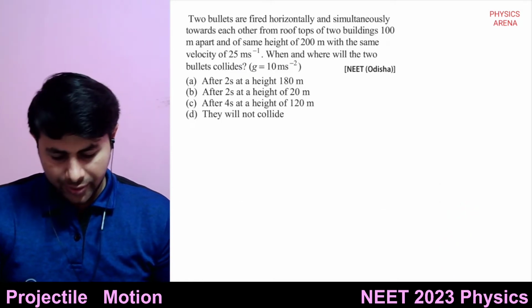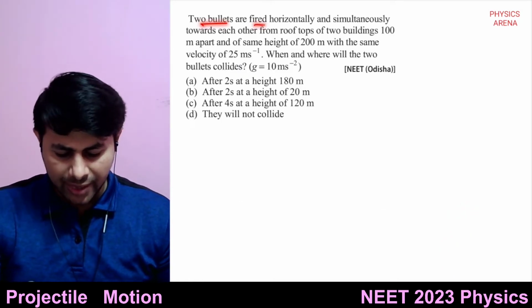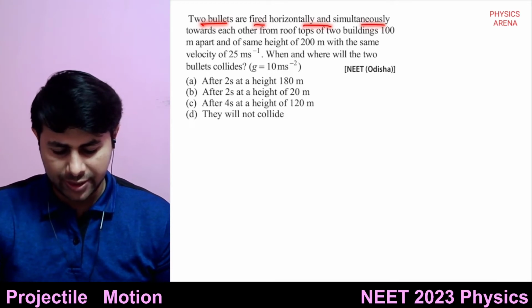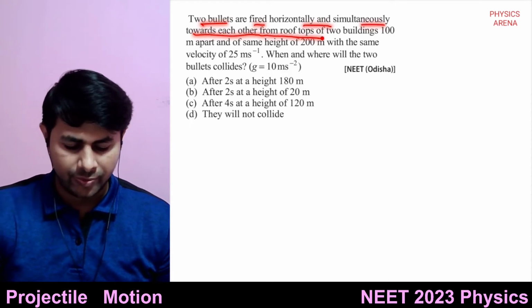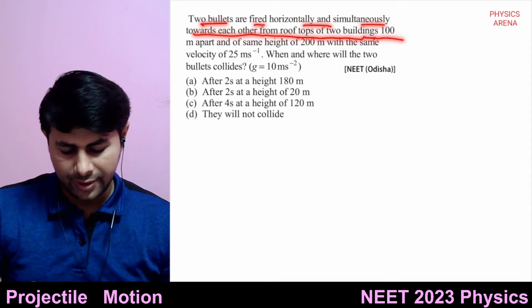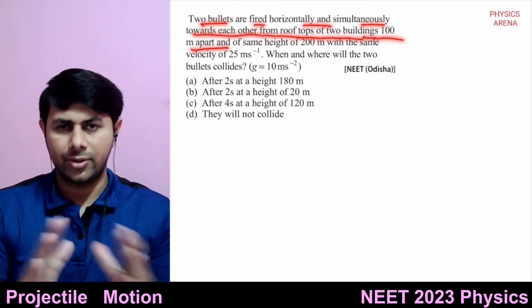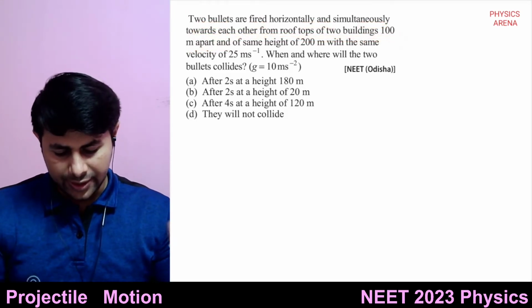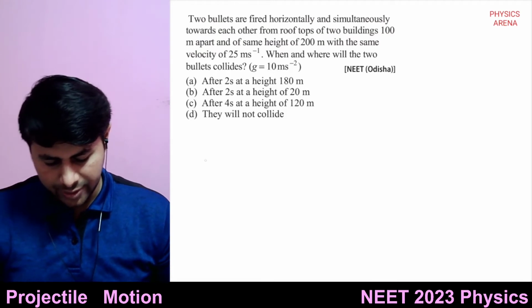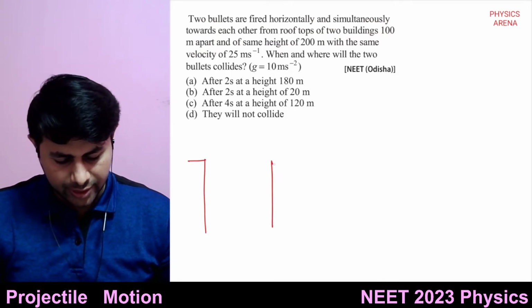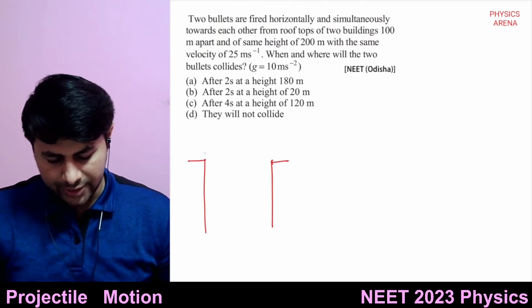So we have two bullets fired horizontally and simultaneously towards each other from rooftops of two buildings 100 meters apart. This is building 1, this is building 2, and two bullets are fired like this.